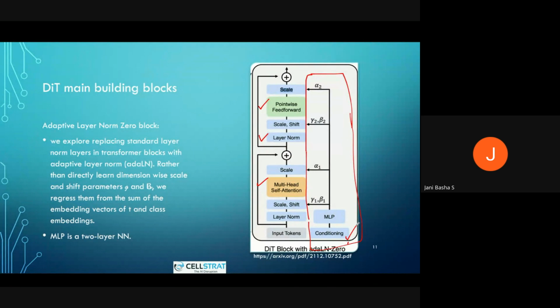Before going into that, generally we know that transformers need tokens as input. So we give some textual prompts, like I'll say that I need a dog image. We need to generate tokens from that prompt line, and pass them to the transformers.